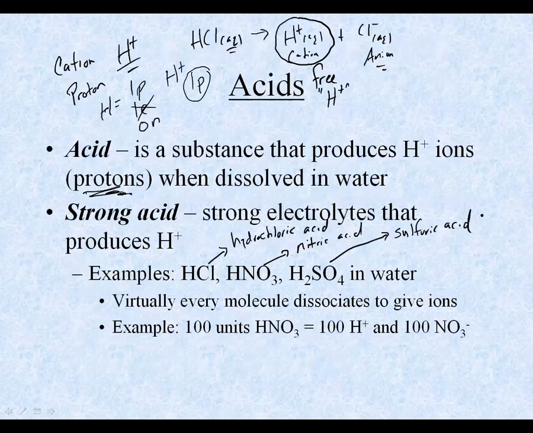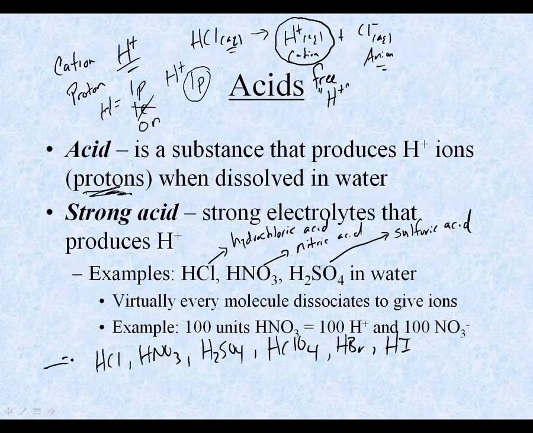These are all strong acids, and there's a certain set of them. HCl is a strong acid, nitric acid, sulfuric acid, perchloric acid, hydrobromic acid, and hydriodic acid are also strong acids. These are some very common strong acids that you will sometimes come across.